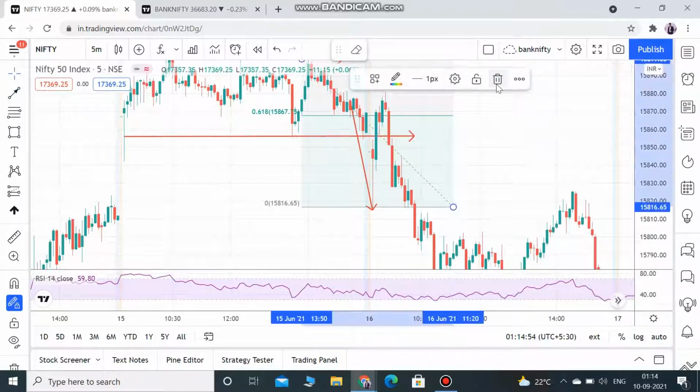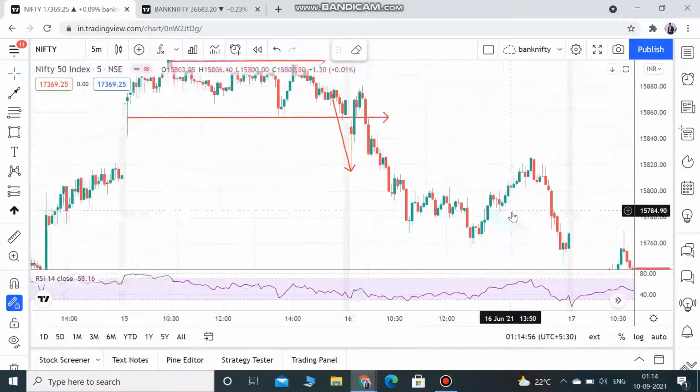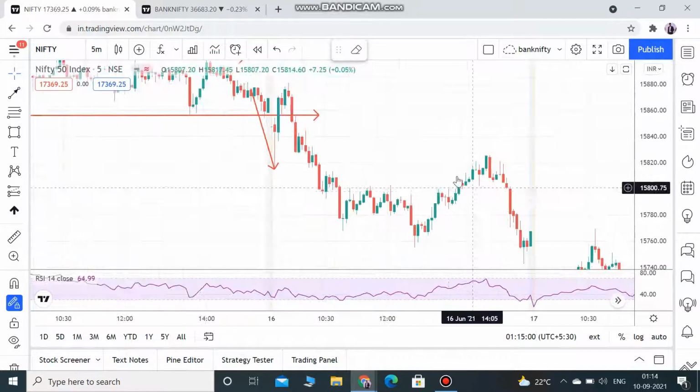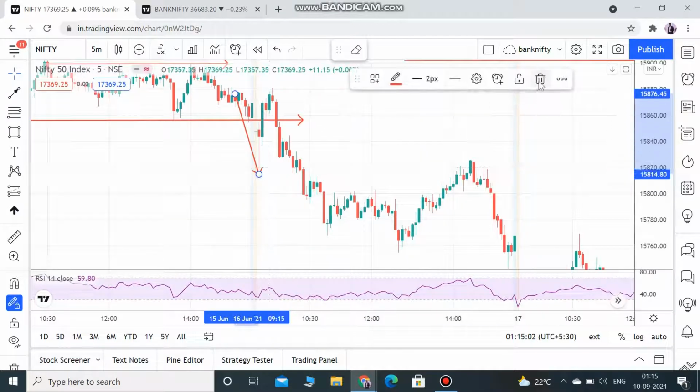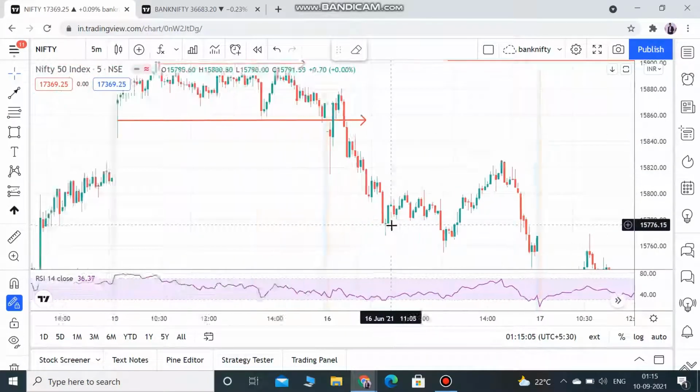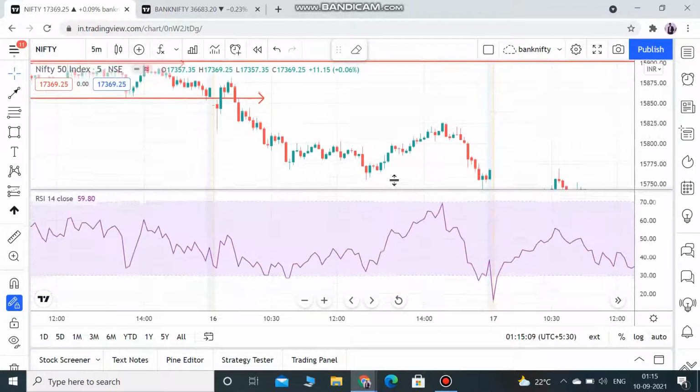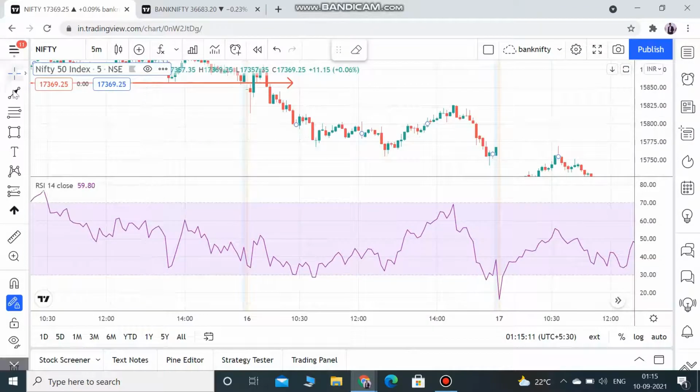Okay, fine, you're into it. Then you let the market flow on your side itself. Then you start seeing some consolidation, and this is where you have to see your RSI. What is it actually doing?